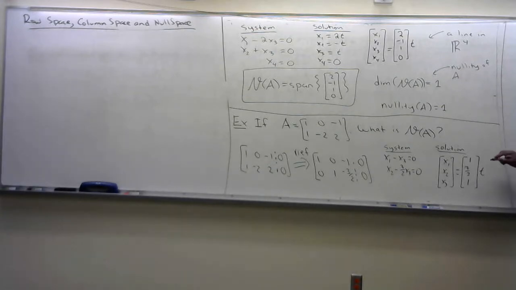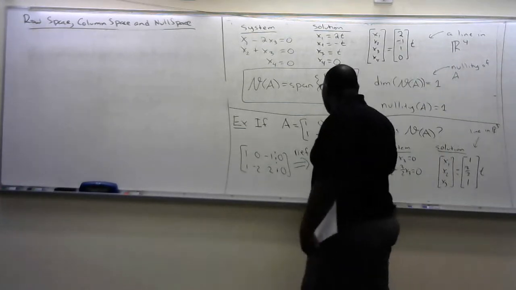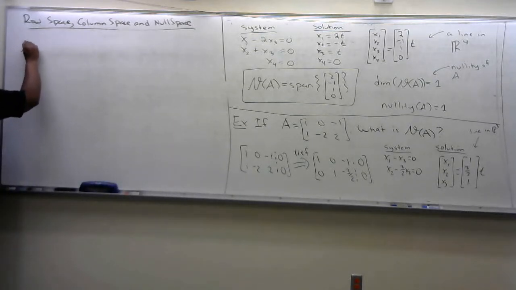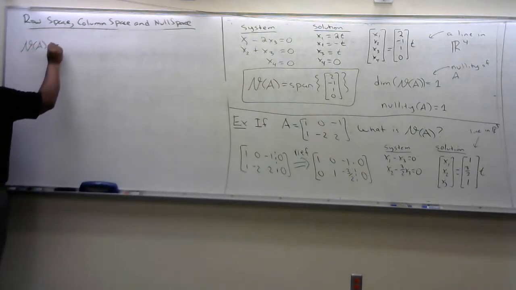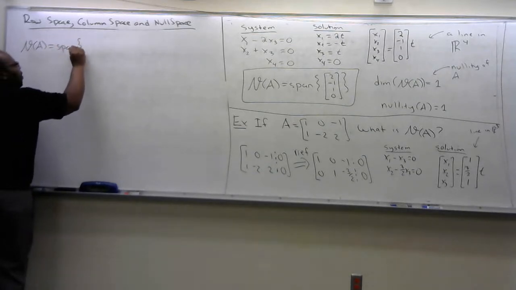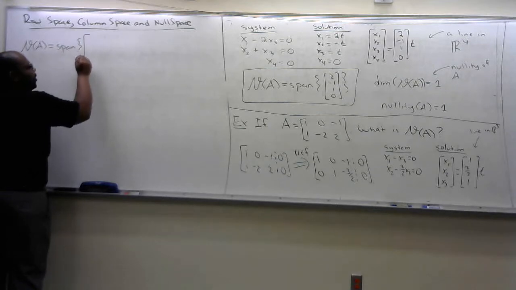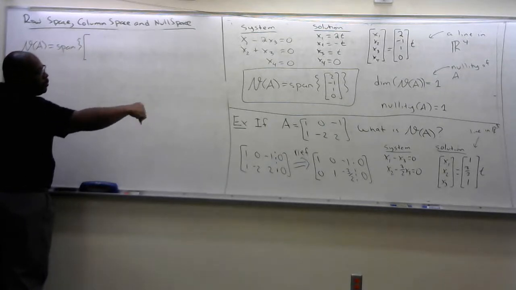And again, this is going to be a line in R3. Let's say that first, a line in R3. But if I wanted to, my null space of A is equal to the span of a single vector. I'm dealing with a line again. I'm going to multiply everything by 2 because I'm looking at all possible linear combinations of this vector.